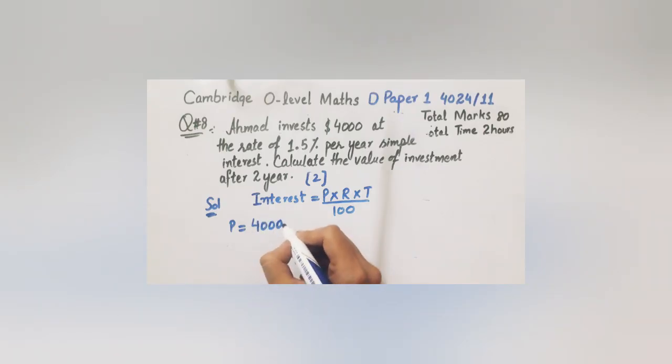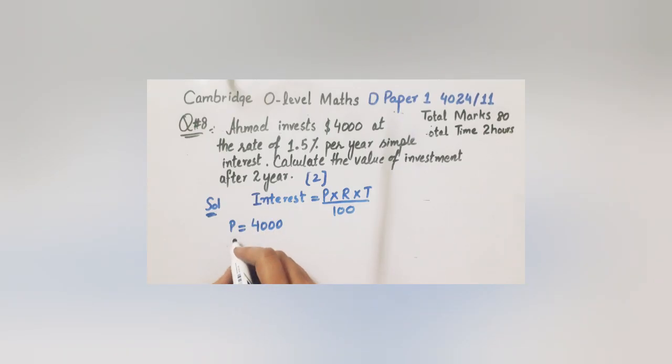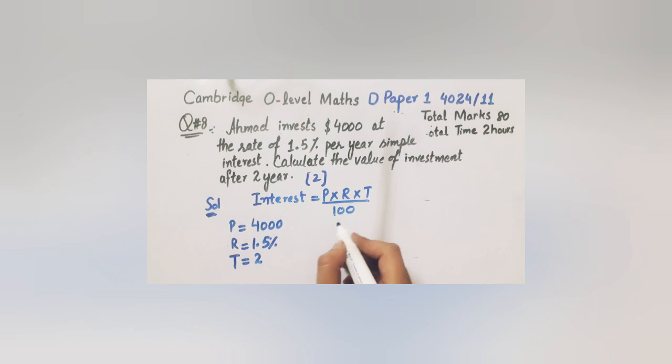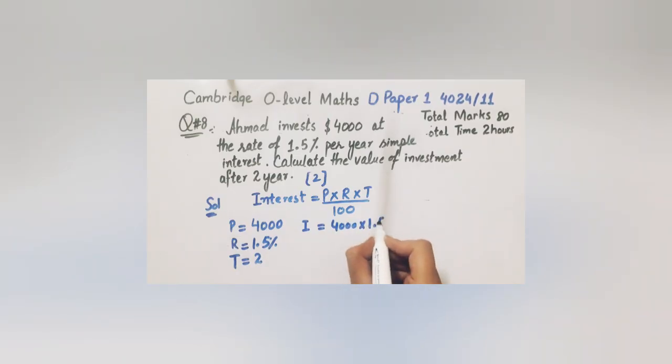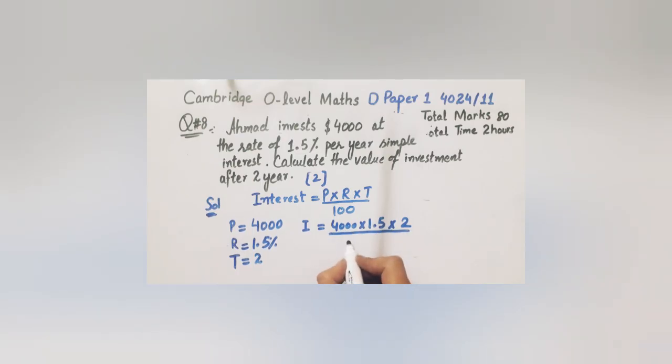P is equal to 4,000 and R is the rate, that is 1.5%, and time is 2 years. So we will put these values in this. So interest is equal to P is 4,000 multiply R is 1.5 and T is 2, and divide this by 100.